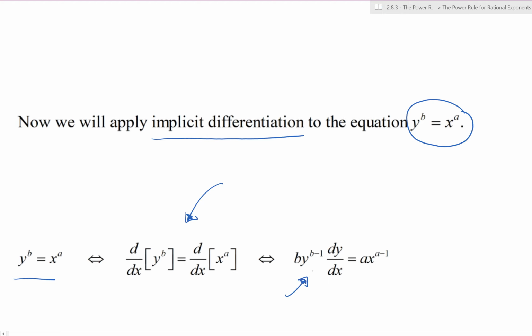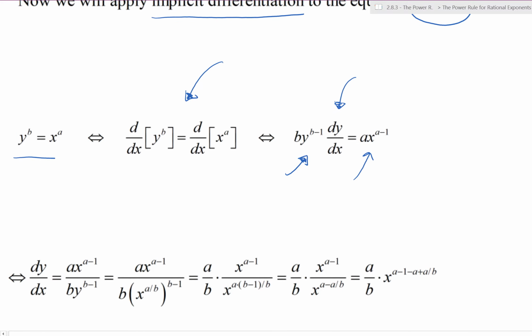I apply the power rule to y, so b comes down, lower the power of y by 1: b times y to the b minus 1, times the derivative of that inner function, dy/dx. On the right-hand side we have x to the a, which by the power rule is just a times x to the a minus 1.